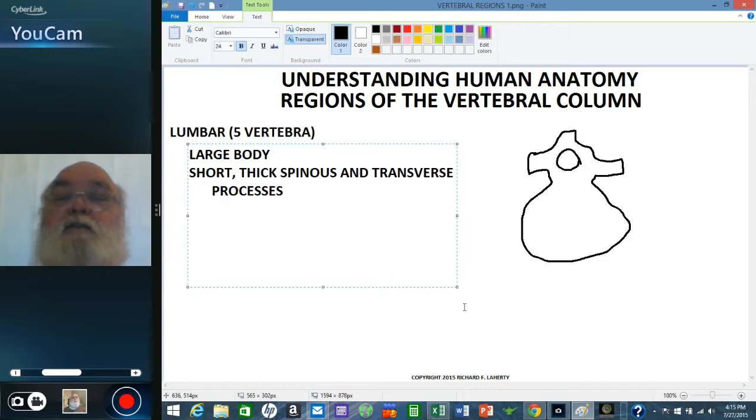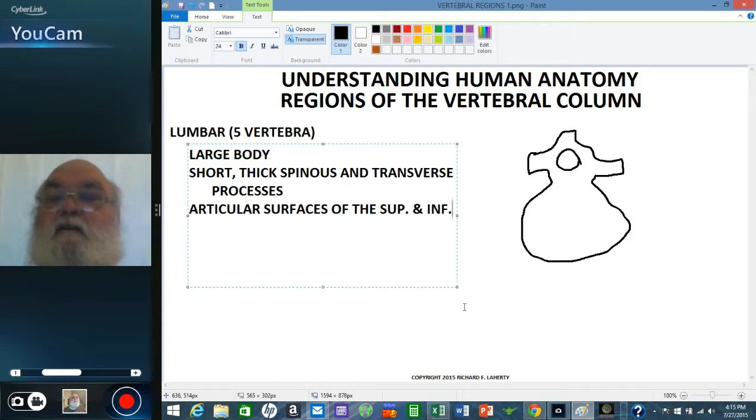Now, one thing I couldn't put in the drawing, because I'm not that good at drawing it, is that the articular surfaces of the superior and inferior articular processes are vertical.